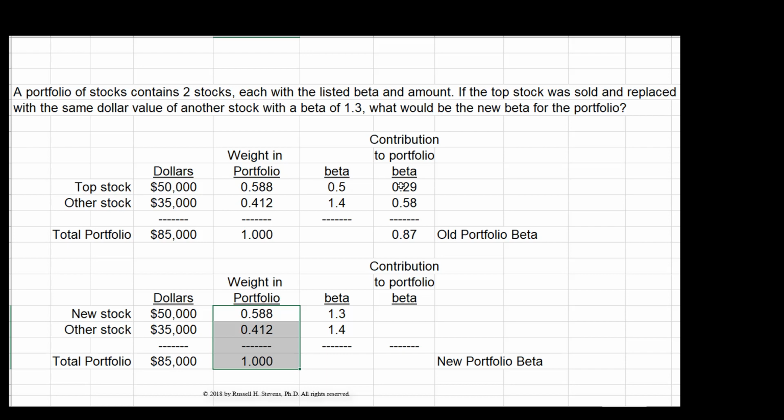Finally, use your mouse to highlight the numbers in the Contribution to Portfolio Beta column in the upper schedule. Use the Control-C combination. Highlight the workbook cell under Contribution to Portfolio Beta in the lower schedule, and use the Control-V combination. The new portfolio beta is 1.34.